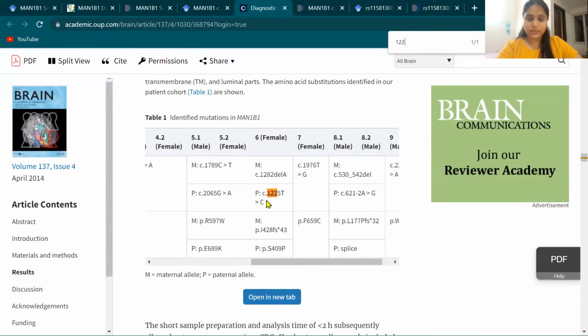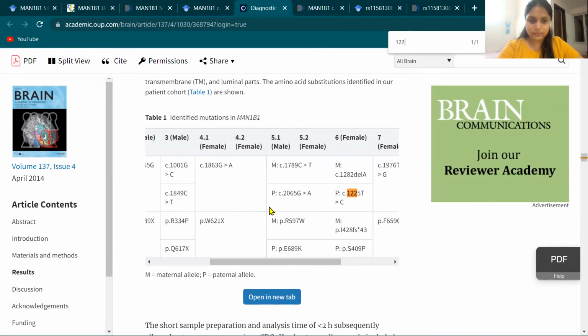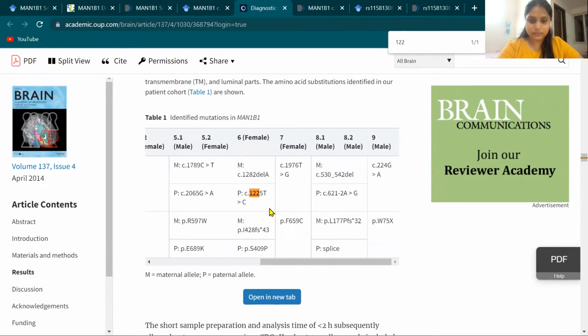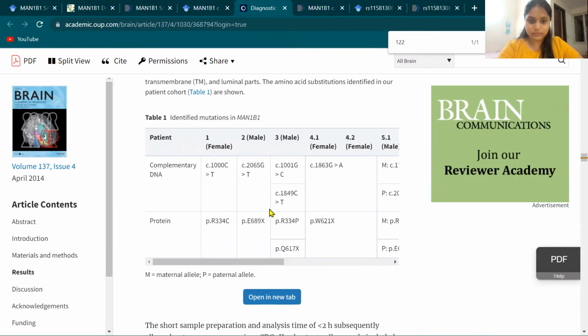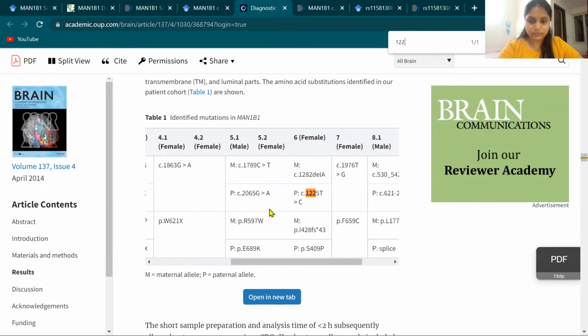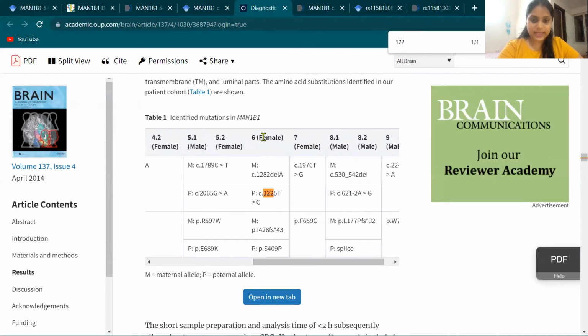You can see in case 6, there was a maternal allele as a deletion, and the paternal allele was the allele of interest, that is c.1225T>C.